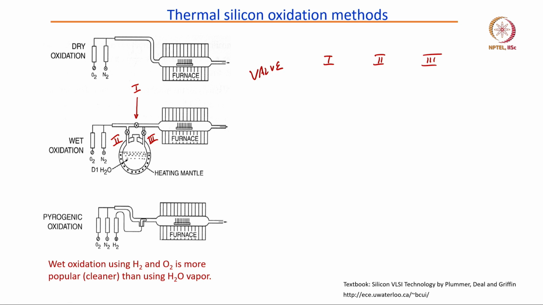Initially nitrogen is on, and this nitrogen passes through valve 1. So, valve 1 is on, valve 2 is off, valve 3 is off, and you can load the wafer. Here oxygen is off when you are loading the wafer.